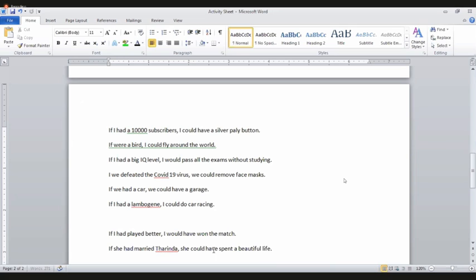Very good. If she had married Tarinda, it means she is not married to Tarinda, she is married to somebody else. She could have spent a beautiful life.